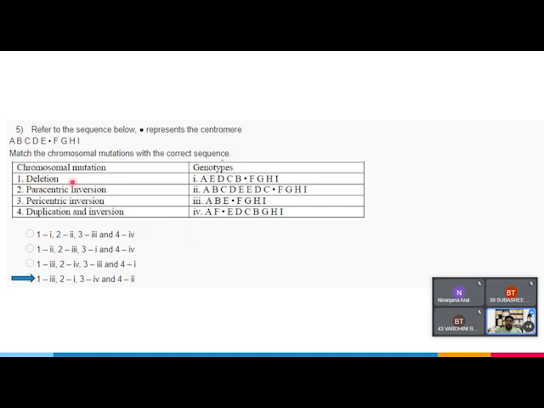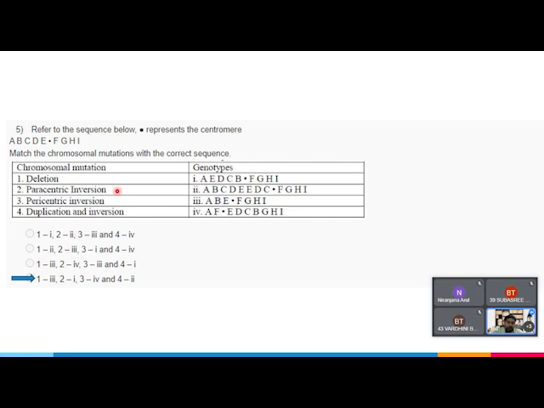So let us discuss the various chromosomal mutations briefly. Chromosomal deletion occurs when we have deletion of the part of a sequence in the chromosome, so that just vanishes. So in this particular question, we have 3 as the deletion, in which the CD part just vanishes, and we have ABE in one arm of the chromosome, so that is the deletion. One goes with 3.